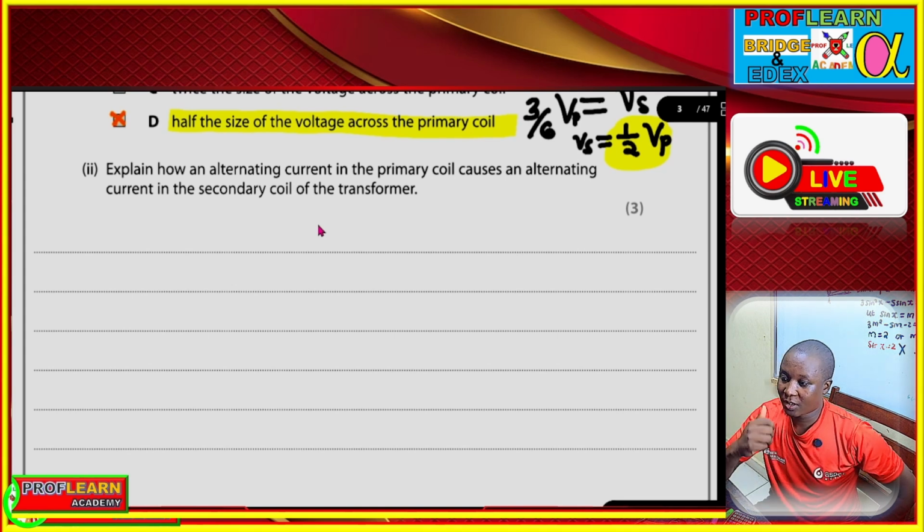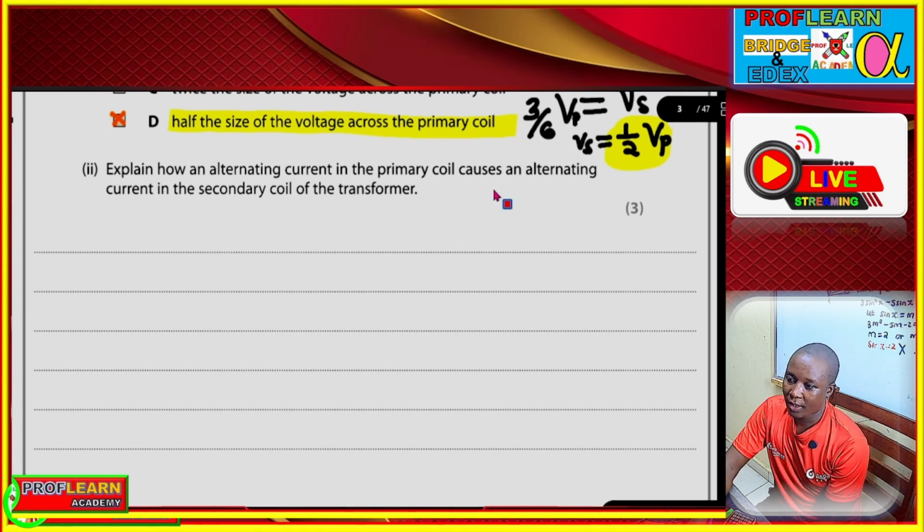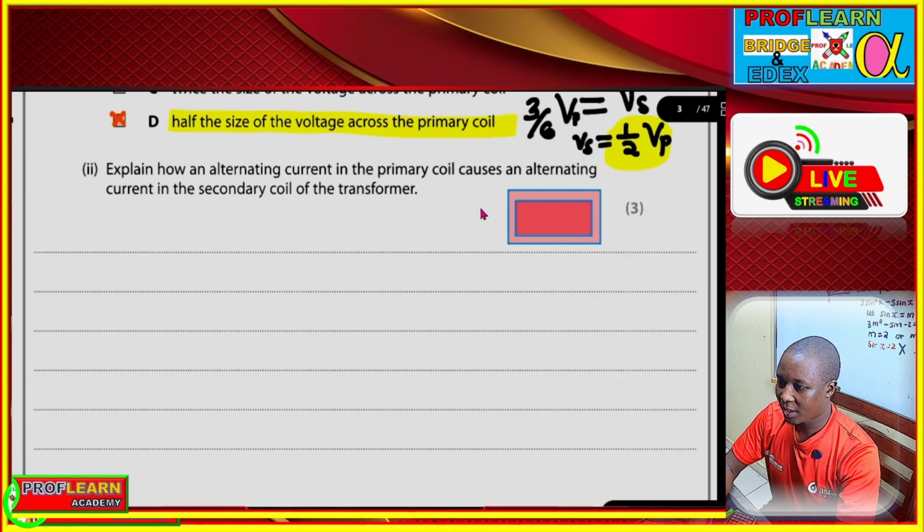So the first thing that we need to remember is that a transformer works with alternating current. For a transformer to work, there must be some magnetic fields which are created. So when current flows through the primary coil, let me just draw a simple diagram of how a transformer works.